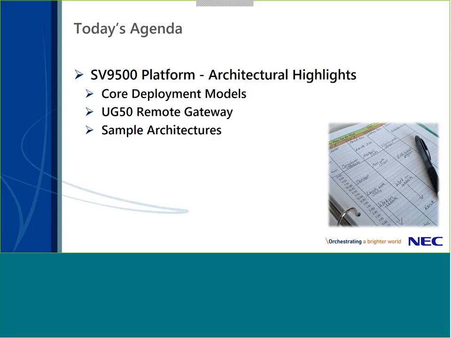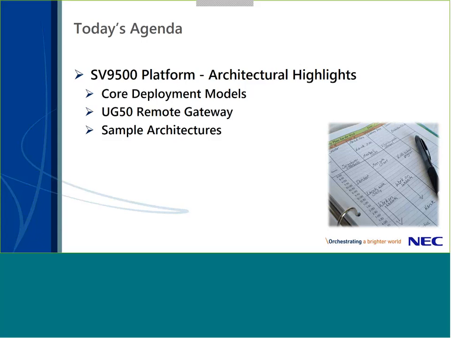But the 9500 really was quite a departure for us compared to that traditional approach, because we really focused on how the product can be deployed in today's modern IP environment. And so we created some new deployment models for the core of the system, which we'll be talking about today.